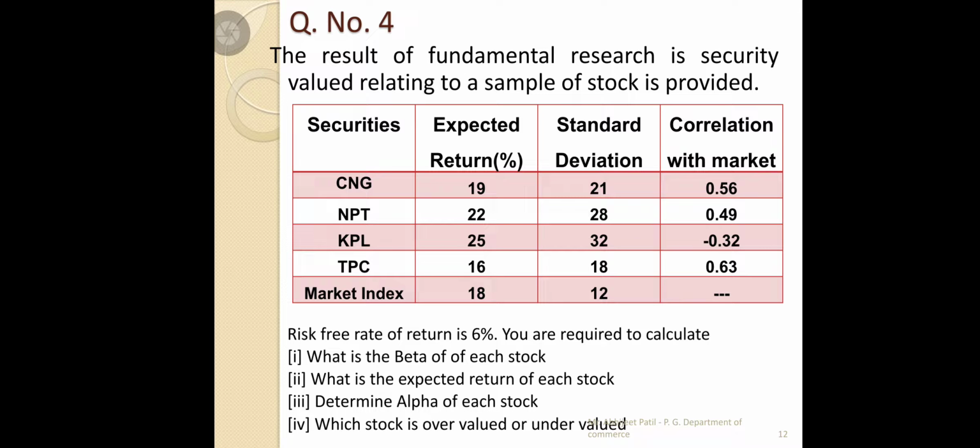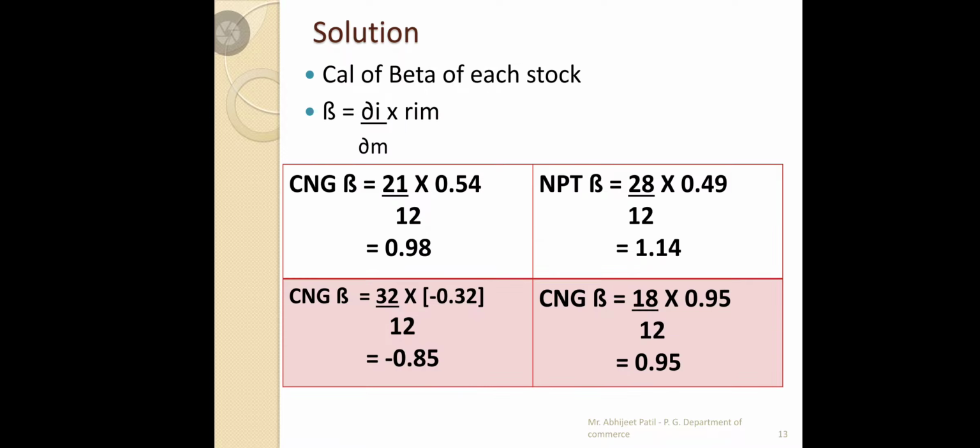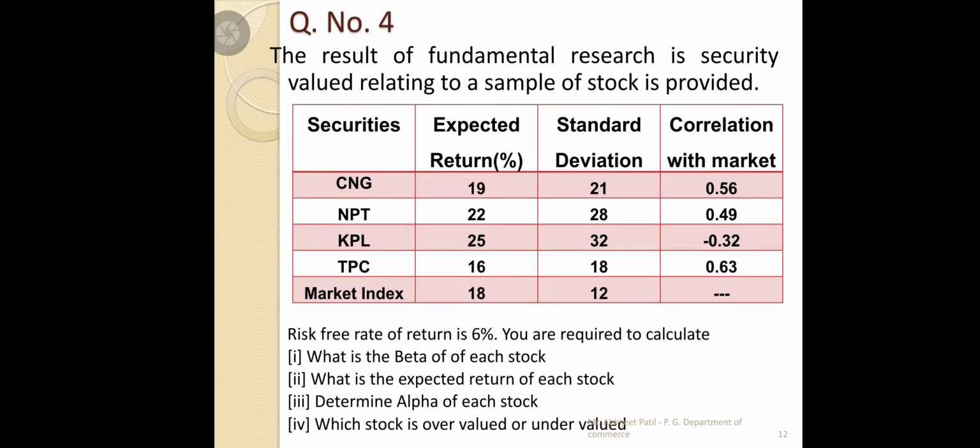Correlation is there for CNG, NPT, KPL and TPC. So you can use that beta formula to find beta, that is standard deviation of individual divided by market, multiplied by correlation with the market. For CNG, the standard deviation is 21 divided by market 12 into 0.56.